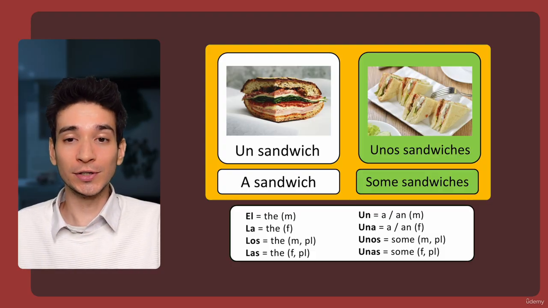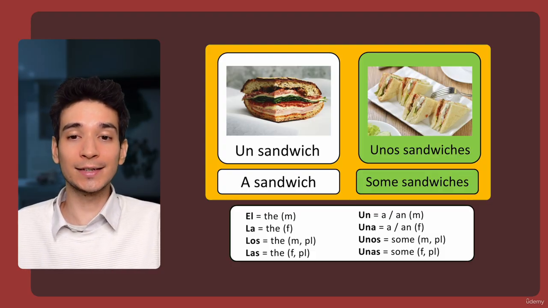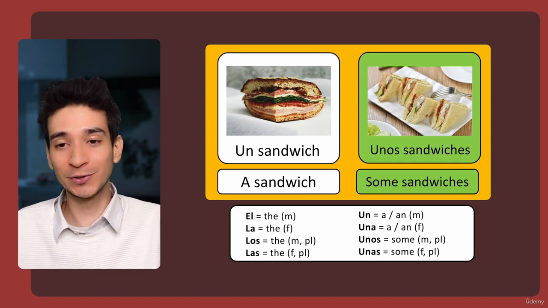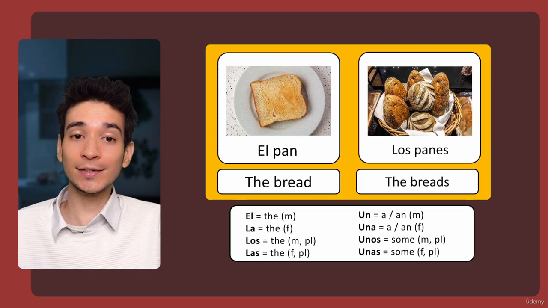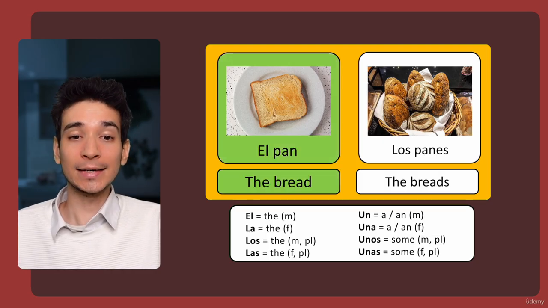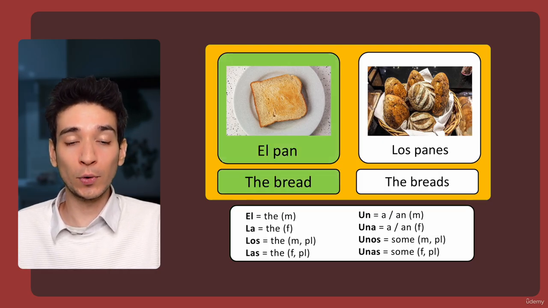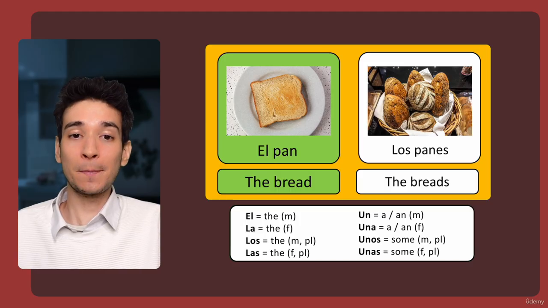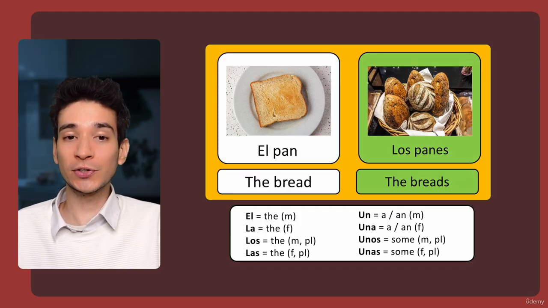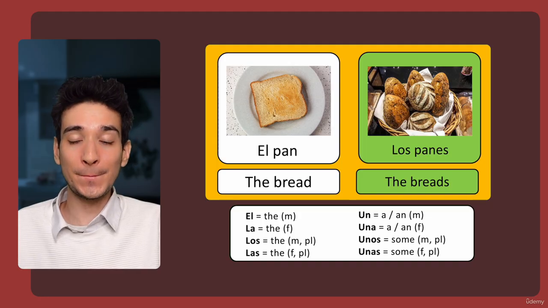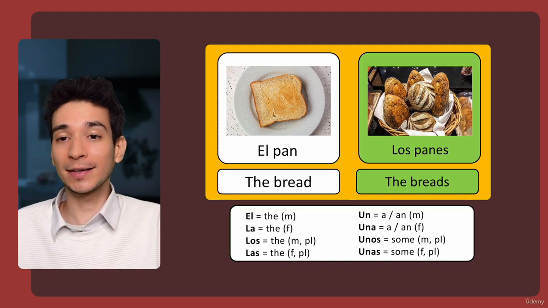Some sandwiches. This one is a very easy word. It's just like English. And another example is el pan, which means the bread. If you want to make it plural, we would say los panes. We just add es.